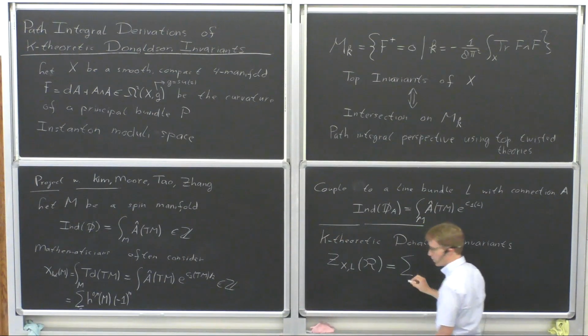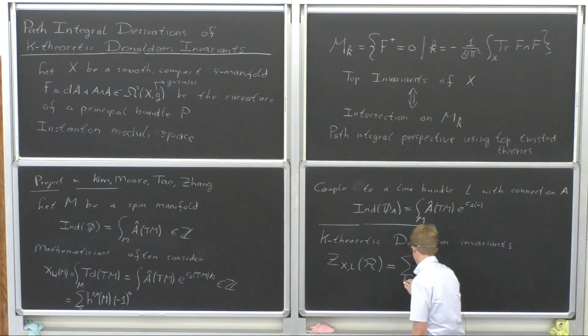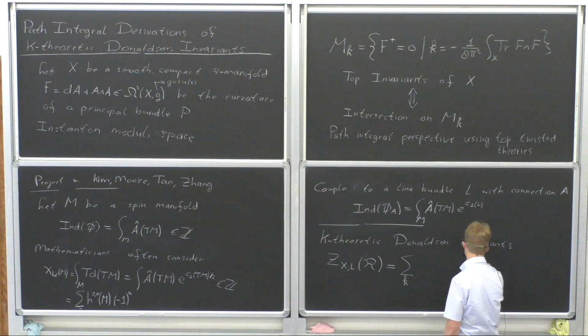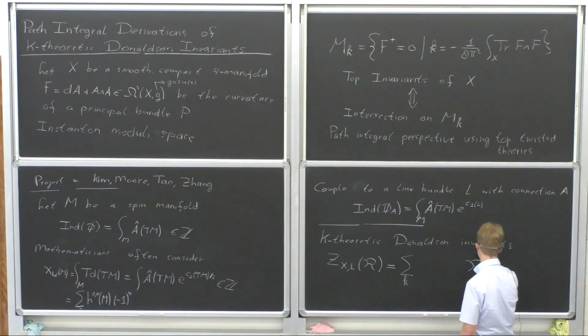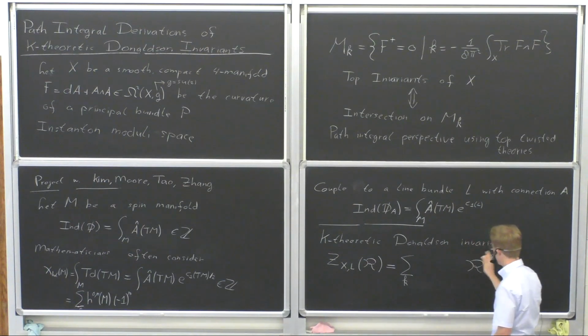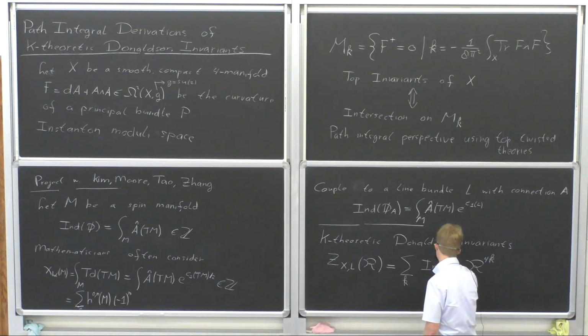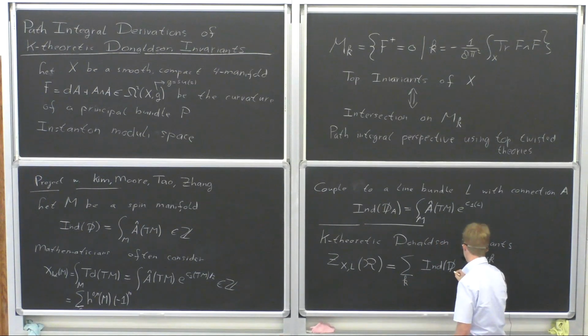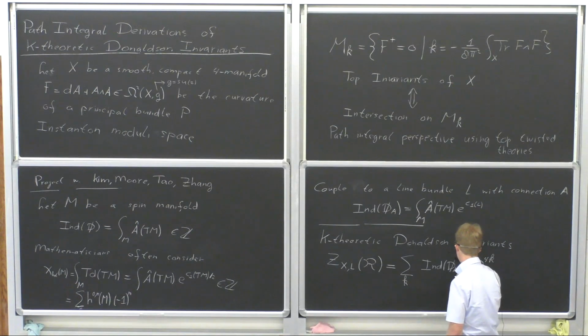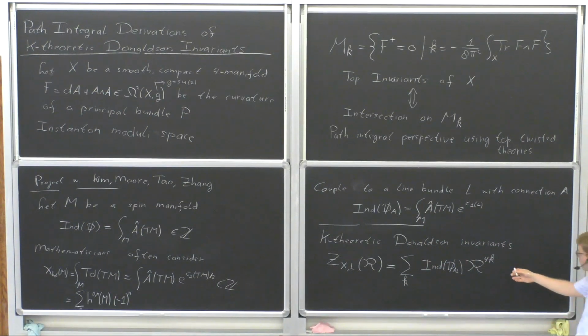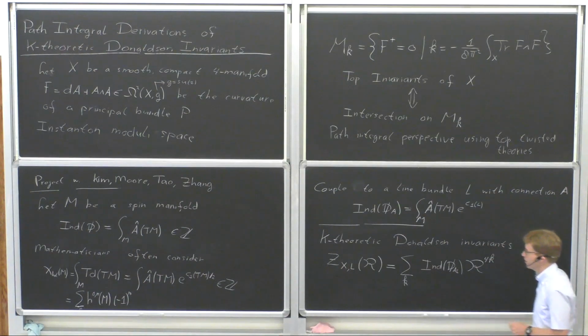We get a generating function over the instanton numbers and a power series in this curly R, which is for now just a generating variable. And then we get the indices of the Dirac operators over the instanton moduli spaces, where this A is the connection for this line bundle L. Of course, for every instanton number, it's a priori a different line bundle because there are different moduli spaces. But I hope this is clear.